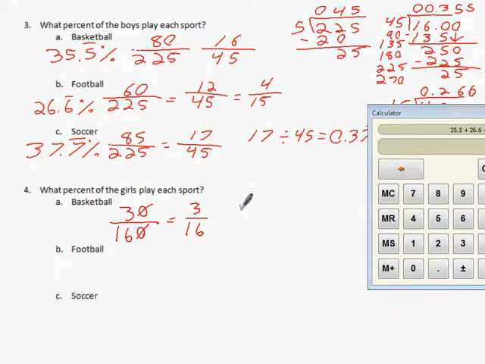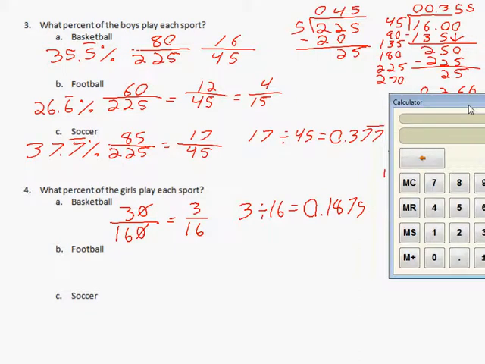So in the calculator, I'm going to type in 3 divided by 16, equals 0.1875. Move the decimal over twice. I get 18.75%.